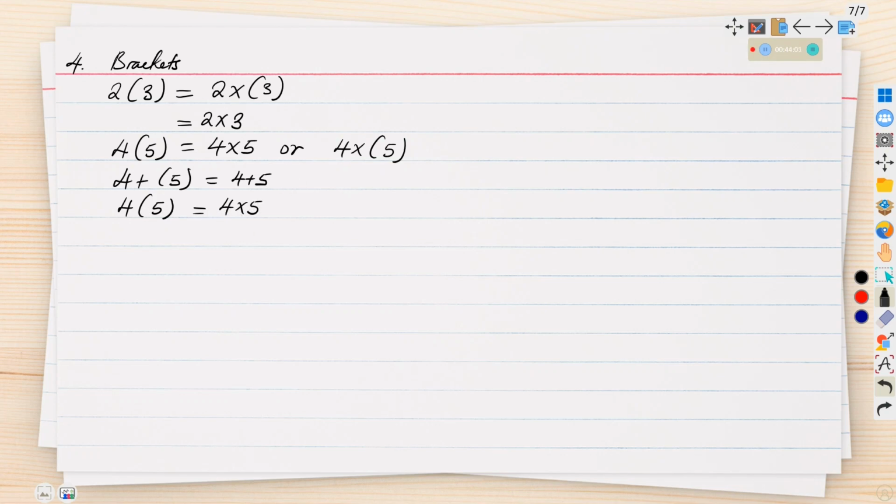Always know this. Also when they have put 4 open brackets 2 plus 3, it means 4 times 2, then you get plus also 4 times 3. That's what it means. So these are some of the concepts which one needs to know in mathematics.